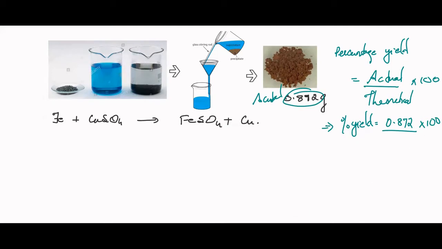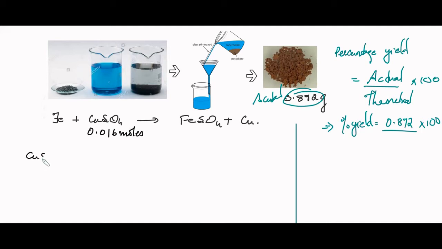So in order to calculate the theoretical yield, we have already found that copper sulfate is the limiting reagent, and the amount of copper sulfate that we had calculated previously was 0.016 moles. Now this time we have to take the ratio between copper sulfate and copper. This again is 1:1.